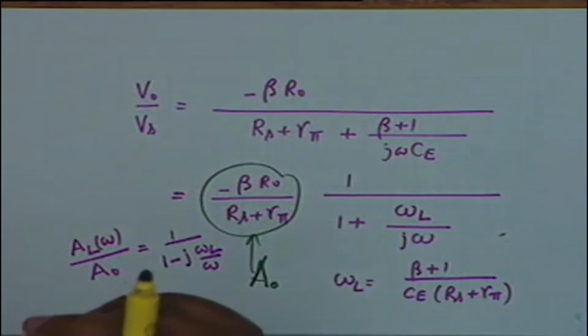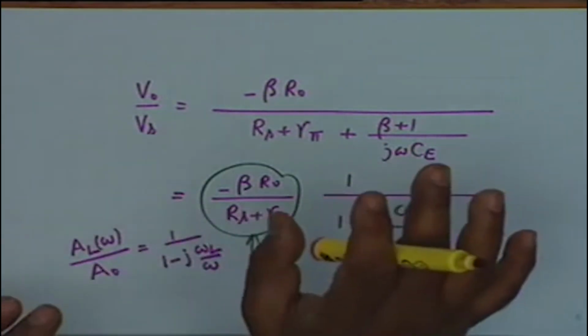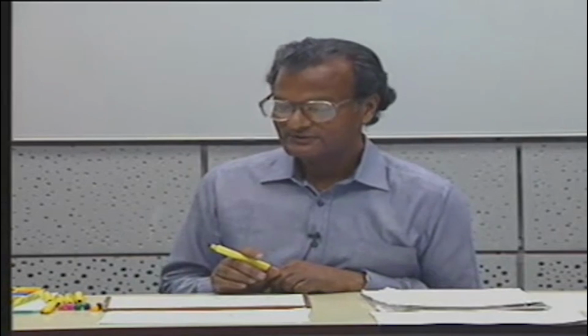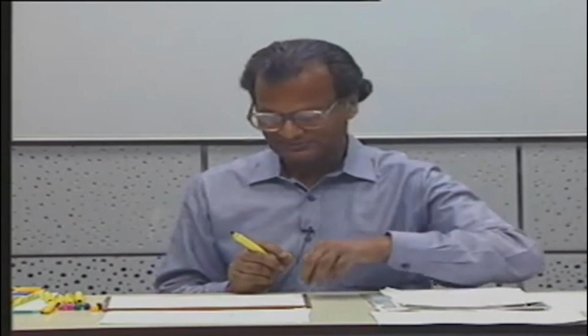Alright, one capacitance Ce now determines the low frequency 3 dB point, provided Cc1 and Cc2 have been chosen sufficiently high. Okay, it is sometimes convenient to determine the low frequency 3 dB point by Ce rather than either Cc1 or Cc2. Let us illustrate this with the help of an example.